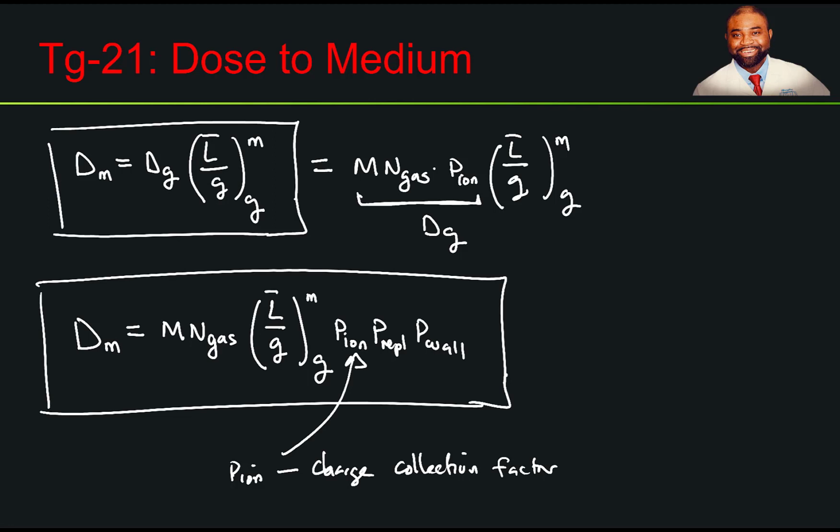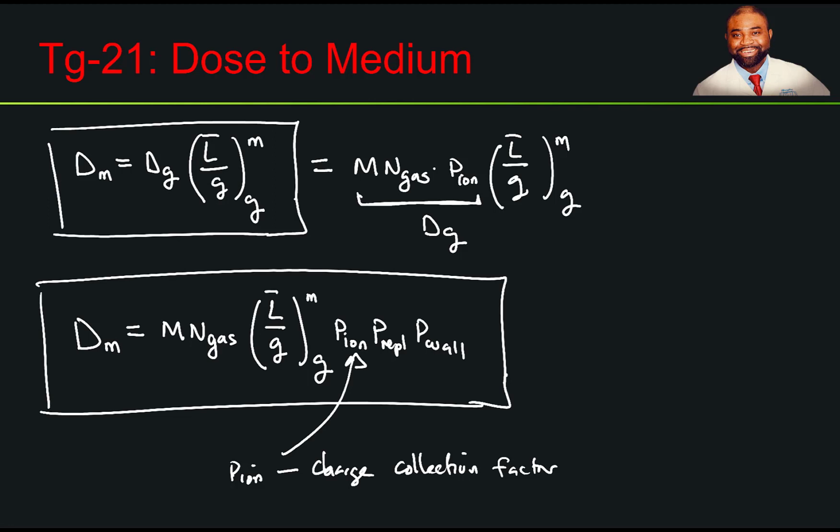What you need to understand is that inside an ion chamber, some electrons and the cations or positive ions recombine prior to being captured by the central electrode. This implies that because of ion recombination, the total output of the electrometer is underestimated. Now, in order to take into consideration ion recombination within the sensitive volume, we have to include P ion.